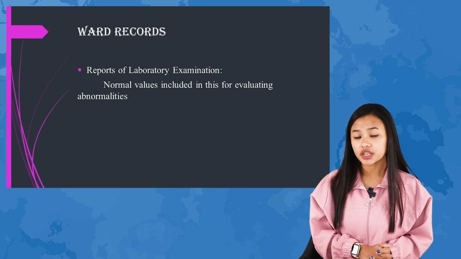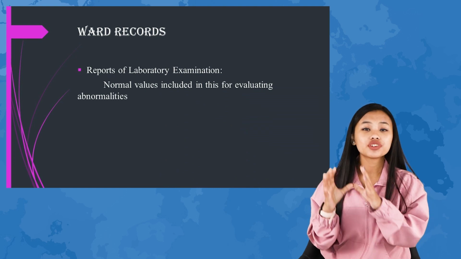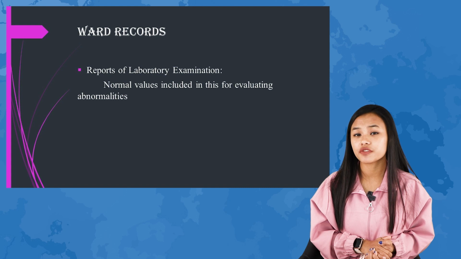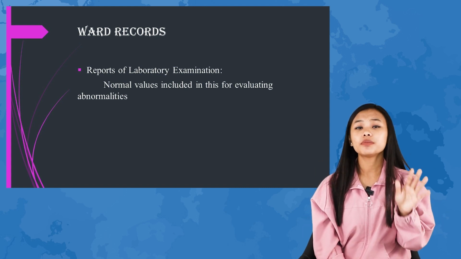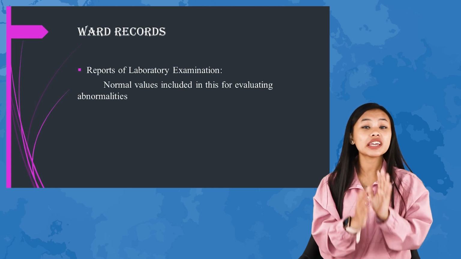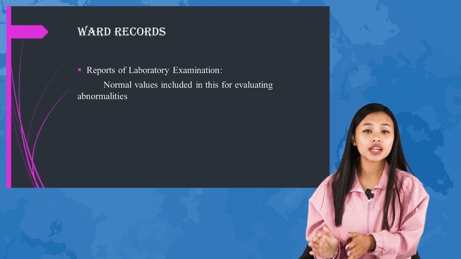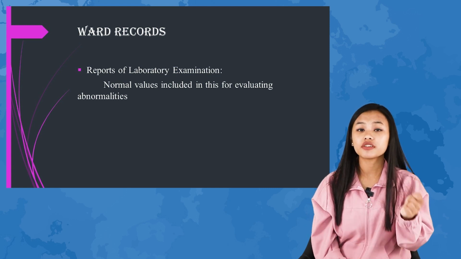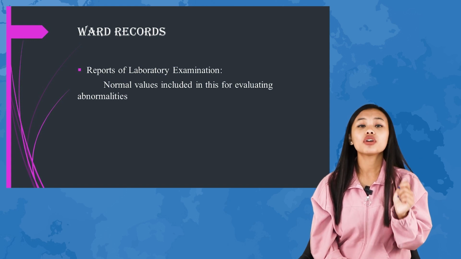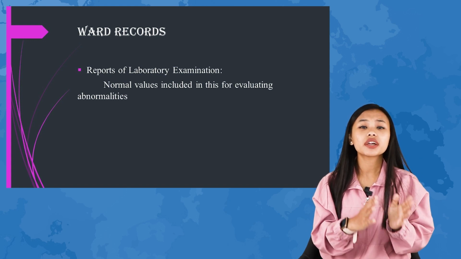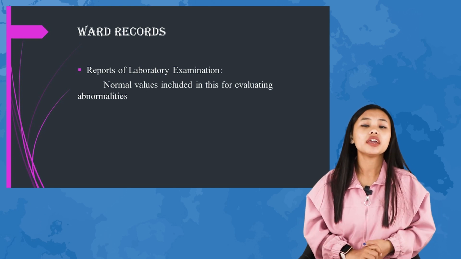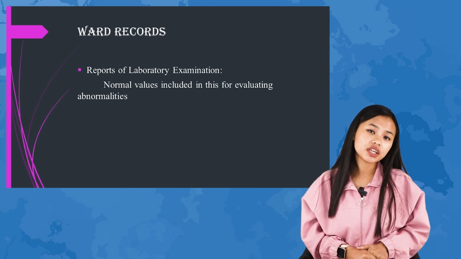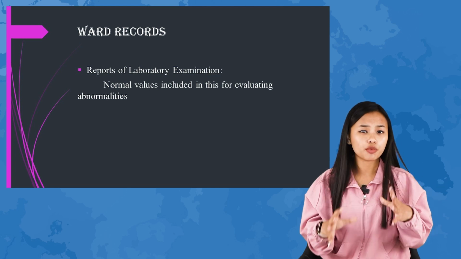The next one is the reports of the laboratory findings. From the name itself, you can understand that these are the reports which we maintain in that particular client's file to serve as a record, in order to evaluate if there are any abnormalities in the client's report.